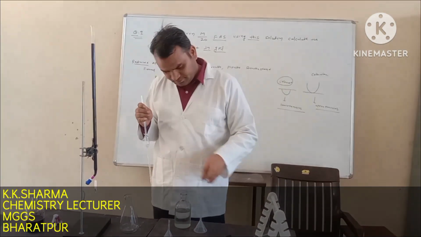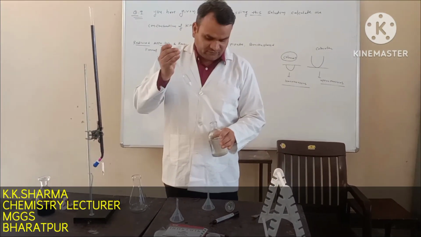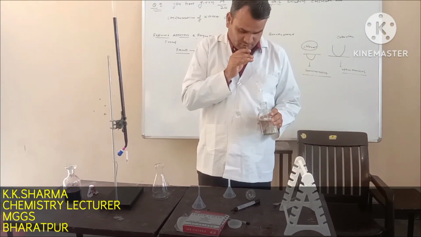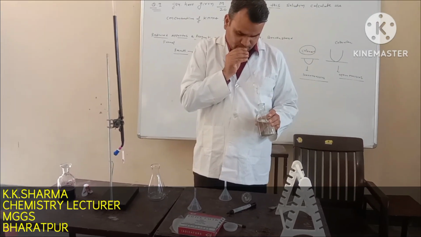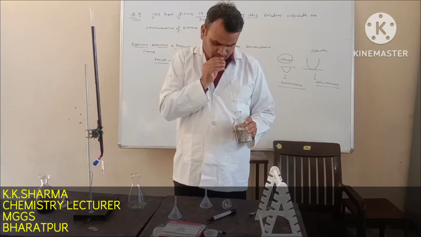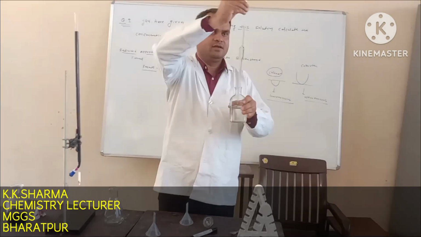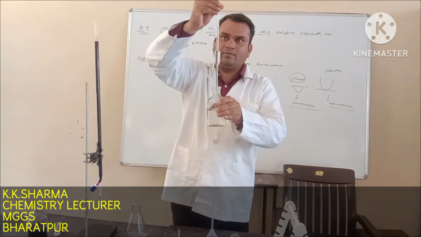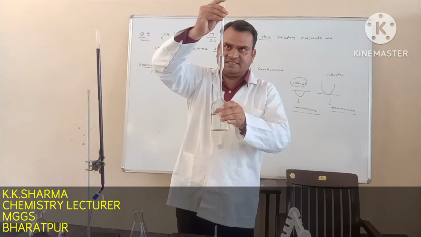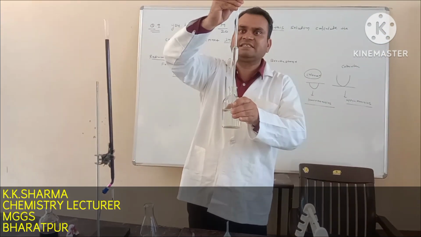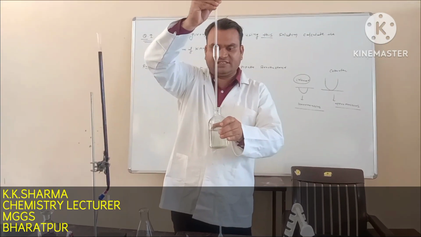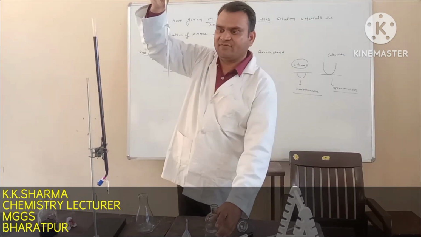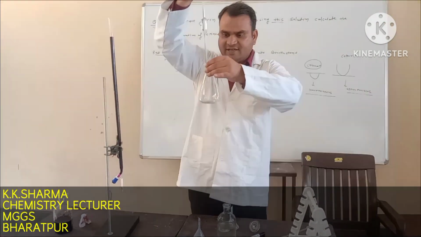Look, dip this pipette in the ferrous ammonium sulfate and suck. Now you can see the meniscus, the upper meniscus, the part of the meniscus that is forming is touching the line. This is 20 ml of the ferrous ammonium sulfate and I have taken it in the conical flask.